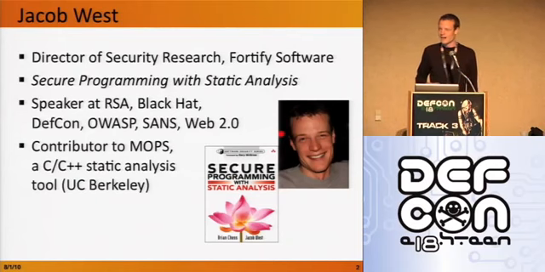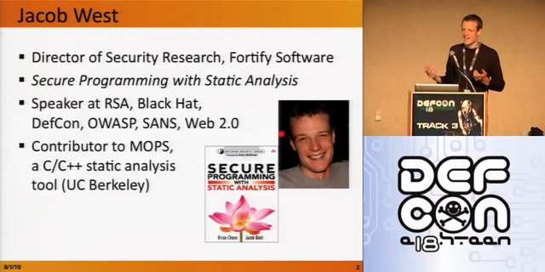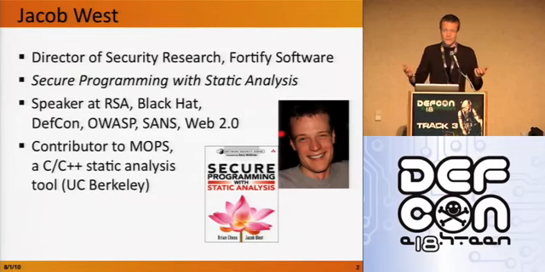But I came to the security world because I worked on static analysis. I worked on a static analysis tool at Berkeley for looking for security vulnerabilities in C and C++. And I got really excited when on our last project with that, we applied it to the entire Red Hat Linux distribution, over 100 million lines of code. It was the biggest static analysis exercise to date. What it turned up was a bunch of bugs that were easy to report, easy to fix, easy to deal with for the most part.